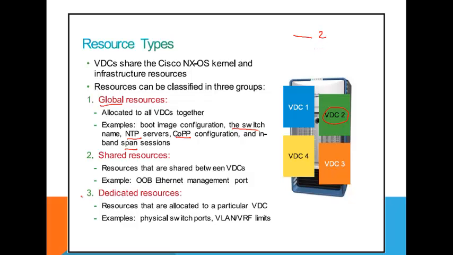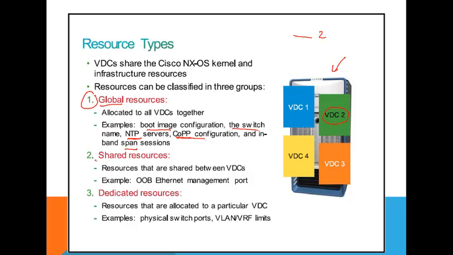So the switch name is common, the boot image is common, the NTP time that you have for the default VDC is the same for all other VDCs, and control plane policing like rate limit, quality of service, all those are common for all VDCs. Those types of common features we call global resources.